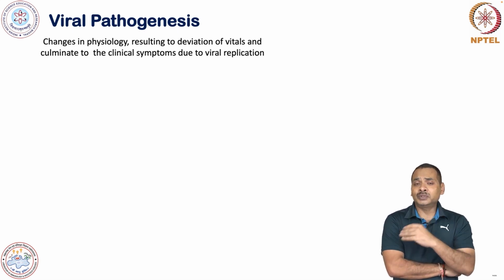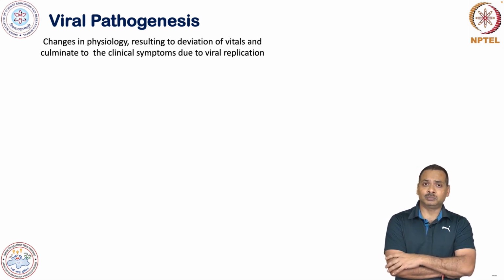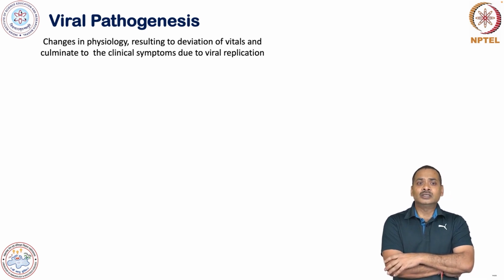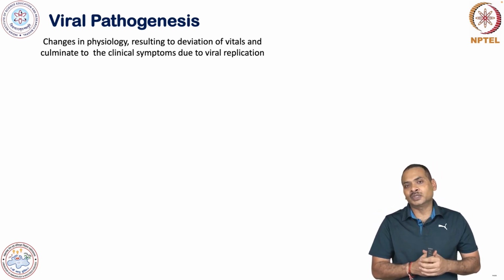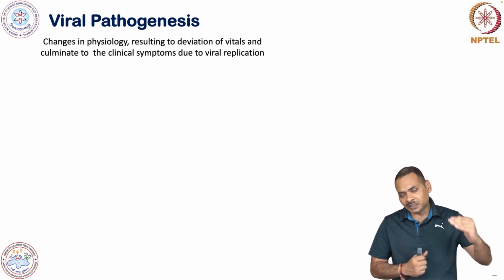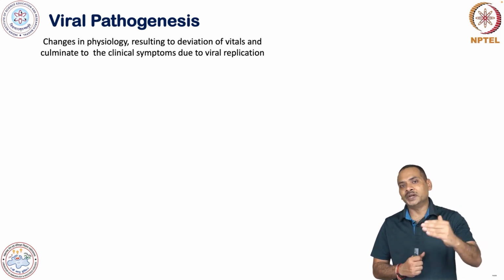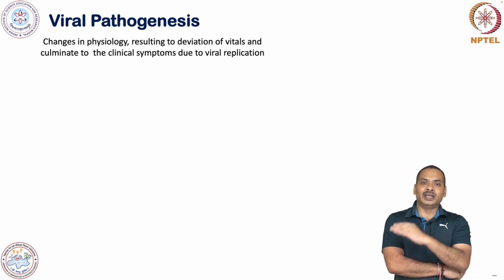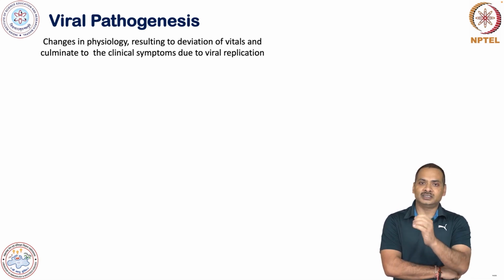They will hamper the oxygen retention capacity of the blood. So, these are the vitals. When the replication is so much that they change the vital signatures, we start calling it a viral disease.